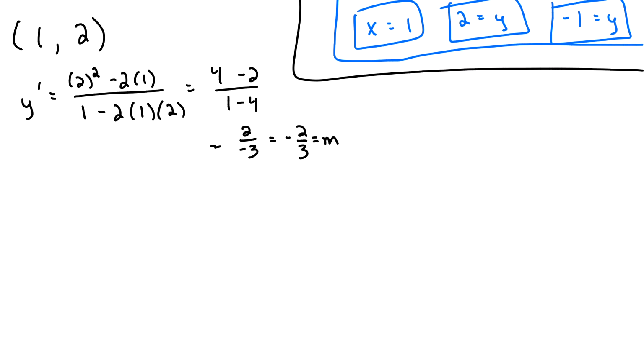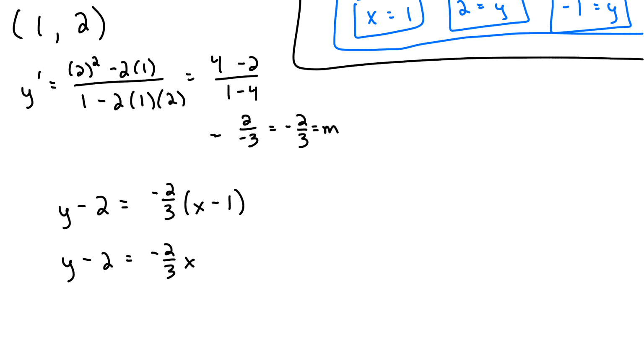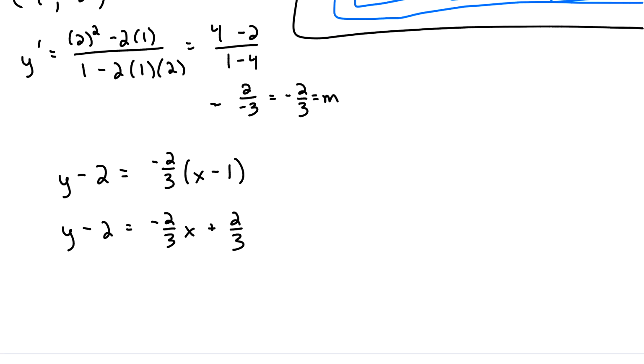So at this point, I should have everything I need to write the equation of this line. y minus my y coordinate, which is 2, equals m, that's negative 2/3, times x minus my x coordinate, which is 1. We'll distribute on the right-hand side, so y minus 2 equals negative 2/3 x plus 2/3, and then add 2 to the right-hand side.